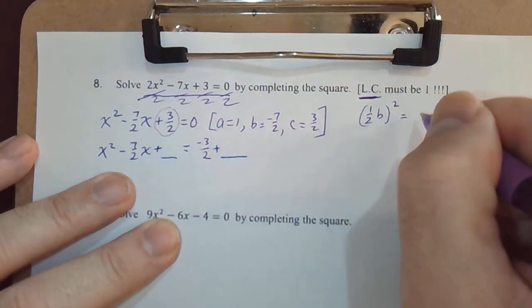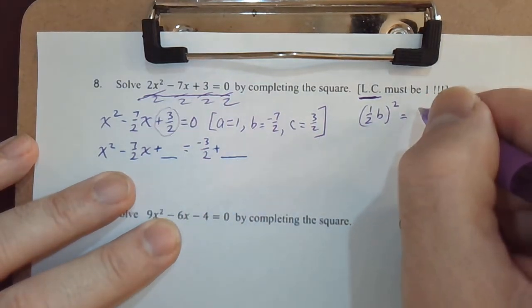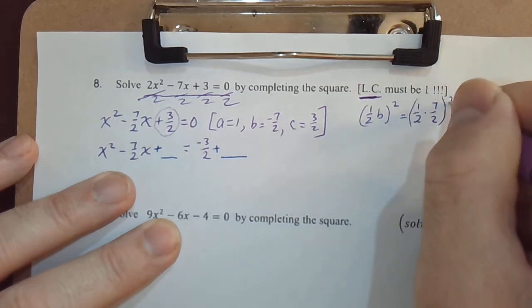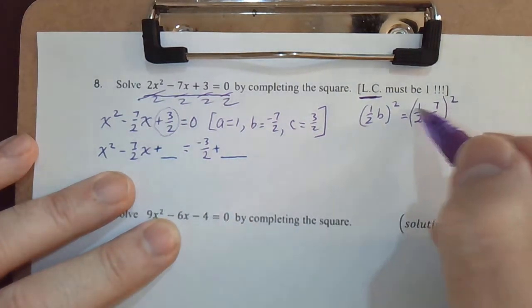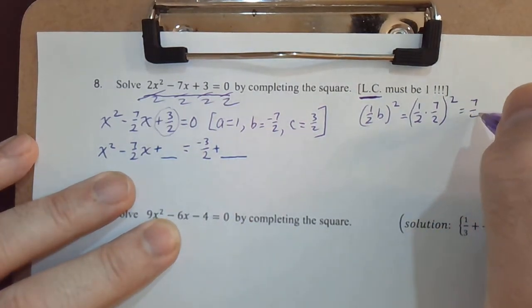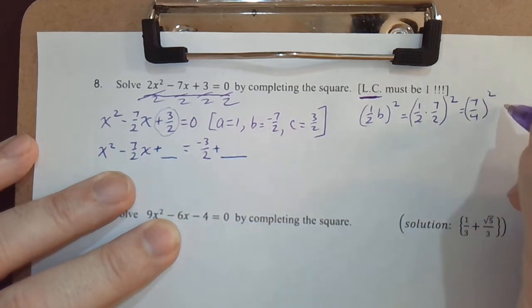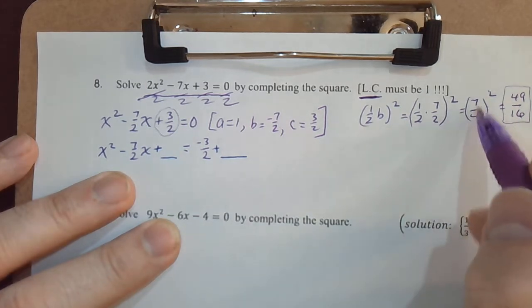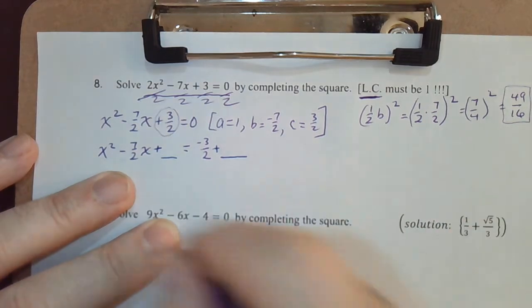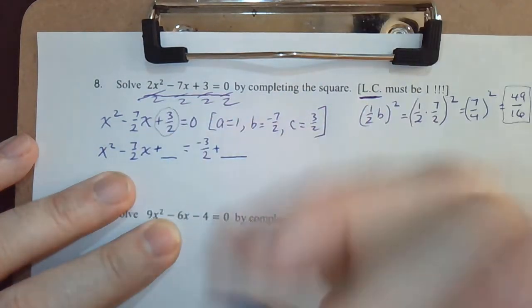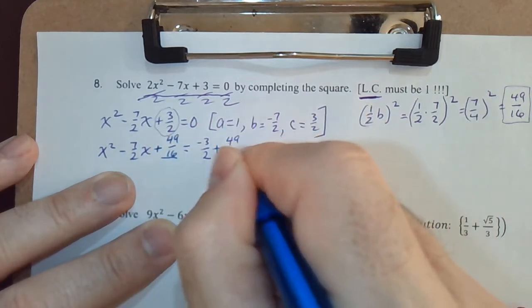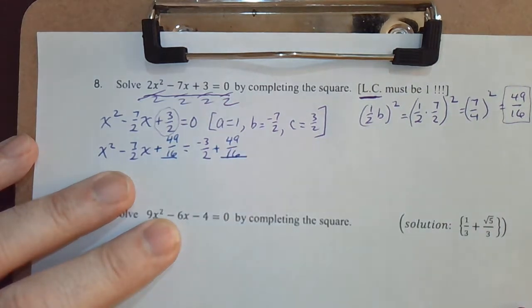So this is going to be equal to 1/2 of 7 over 2 squared, which is 7 over 4 squared, which is 49 over 16. So I'm going to add this number, which is 7 over 4 squared, to both sides. So 49 over 16 plus 49 over 16. Okay, great.